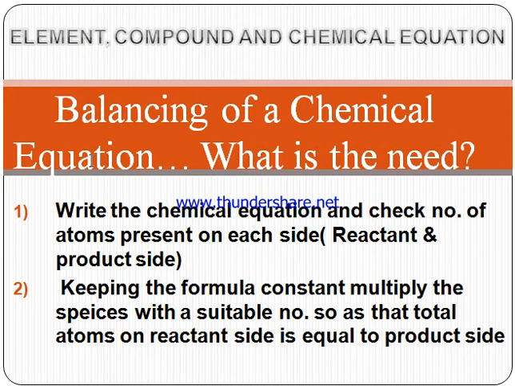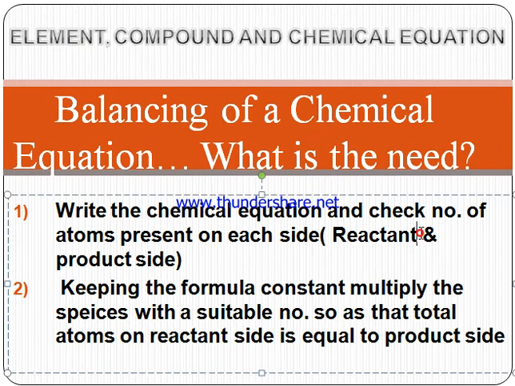So how do we get the balancing of a chemical equation? Balancing of a chemical equation is required to follow the law of conservation of mass, that is, in compounds there is a definite proportion. Write the chemical equation and check the number of atoms on each side, that is reactant side and product side.